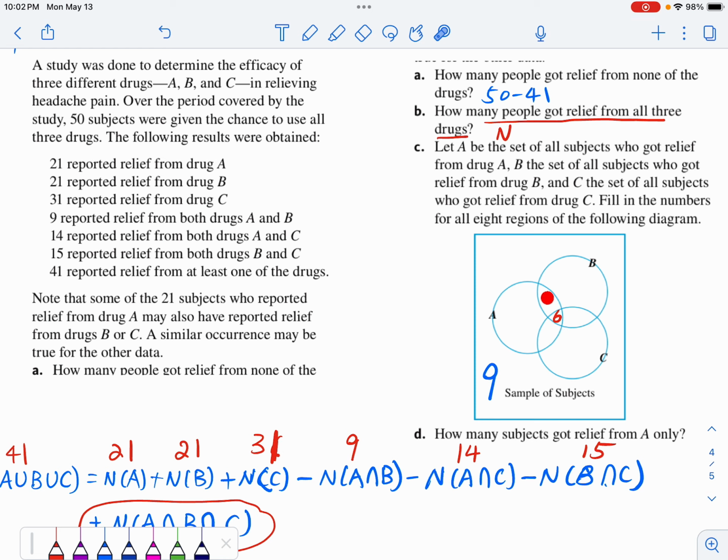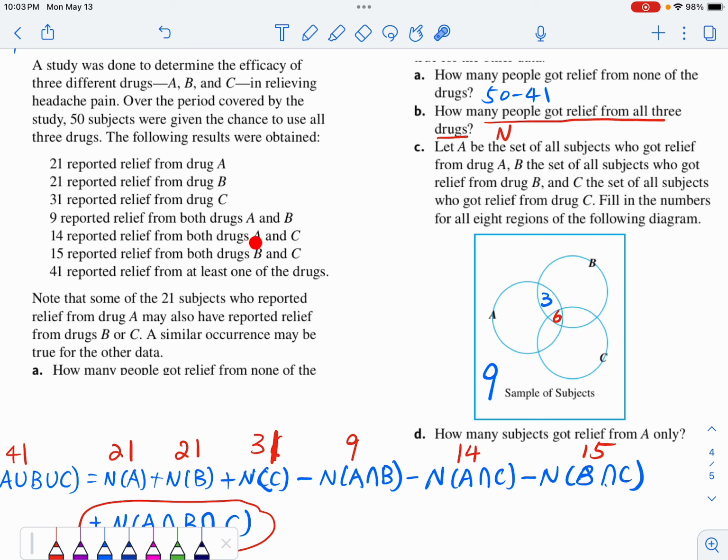Let's work the 9 reported from both A and B. That means this area is 9. We already know this is 6. Therefore, 9 minus 6 is 3. So 3 will be just this area, not including the common area, just A and B only.